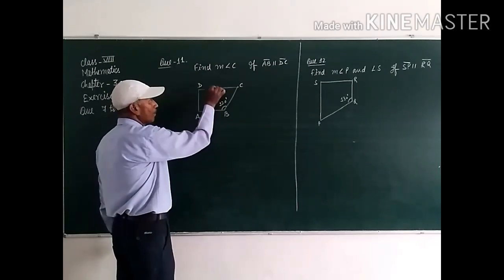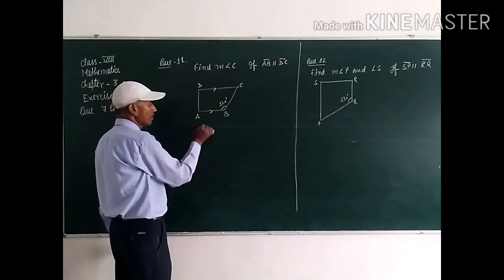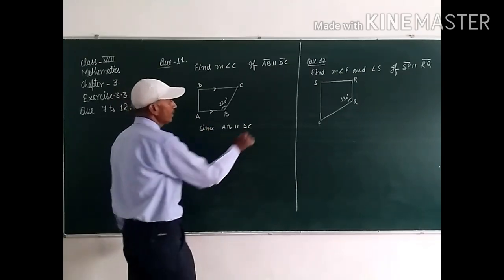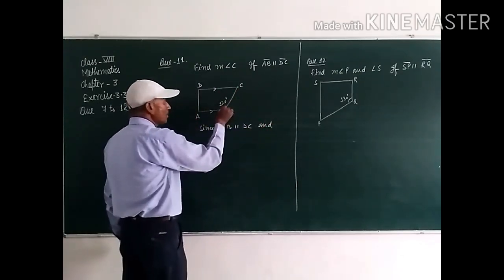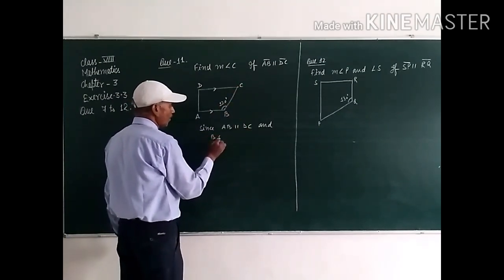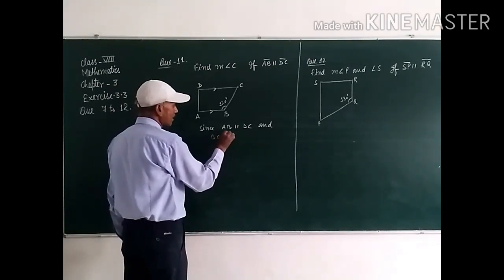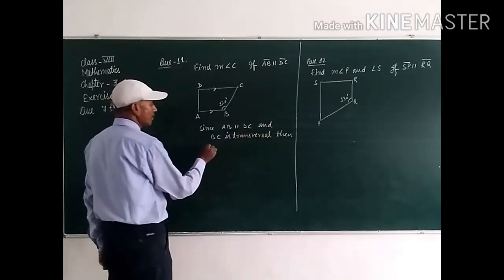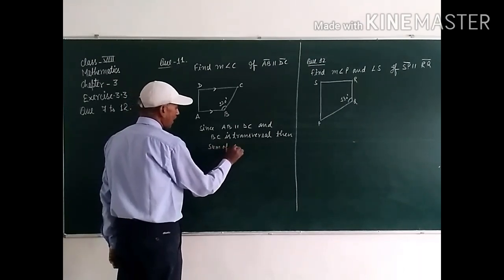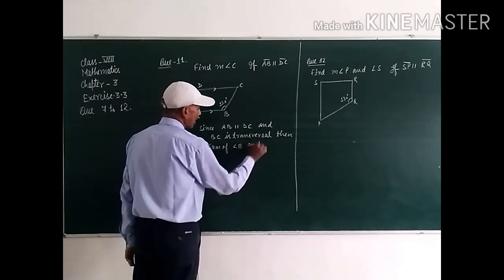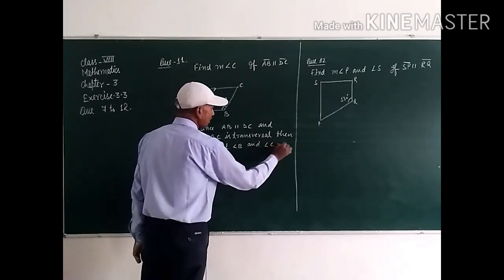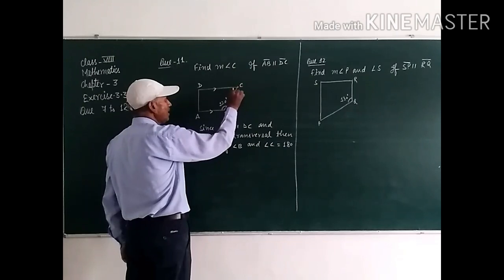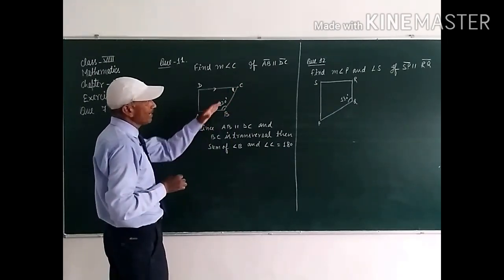This line AB is parallel to DC student, since AB is parallel to DC and this one BC is transversal, then the sum of angle B and angle C is 180 degree, because these angles are on the same side of the transversal and they are interior angles.